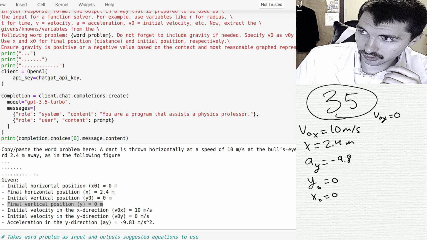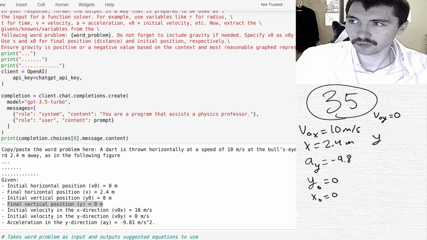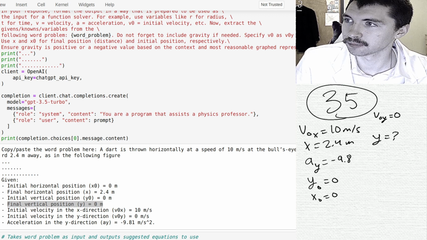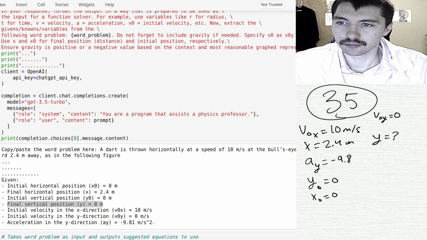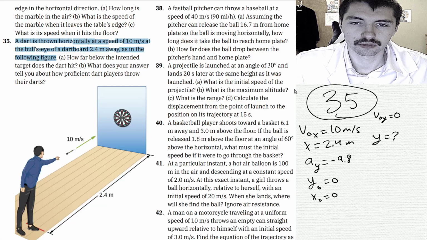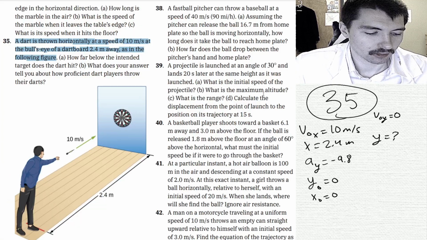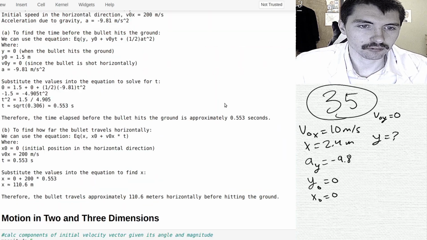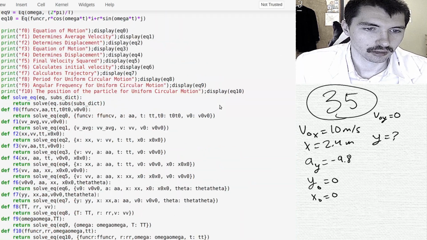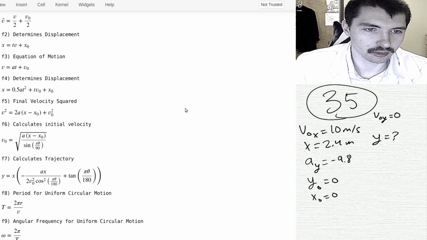I think so, we're solving for y. That's what we're solving for. Okay, so I think we would use one of these displacement functions.